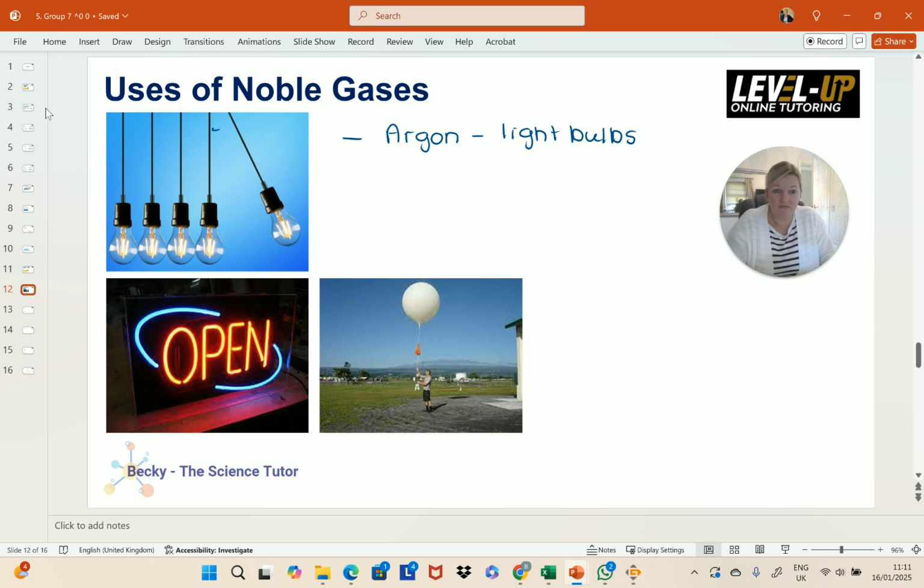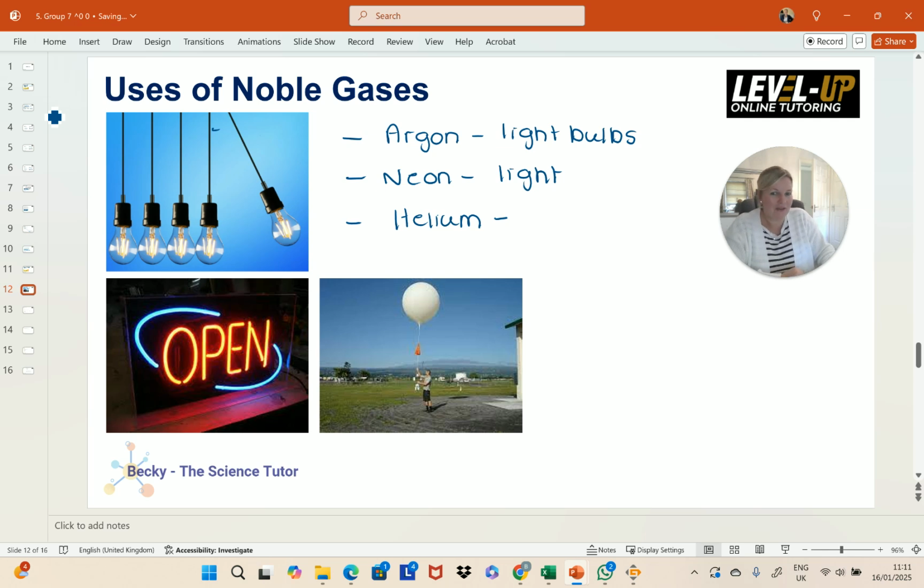It's perfect for that. Okay, we've got neon in neon lights. So all the signs and shop windows, things like that you see, neon lights inside of them. And then we've got helium. Yes, we can put it into our birthday balloons. Yes, we can make our voice sound really silly, but it does have lots of other uses as well.